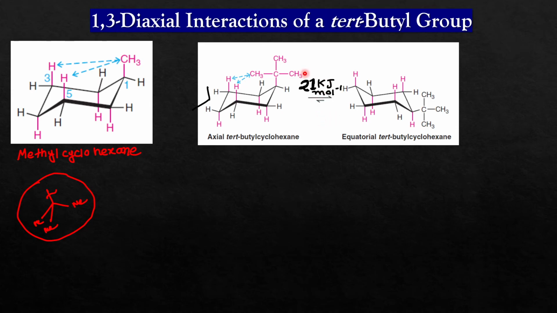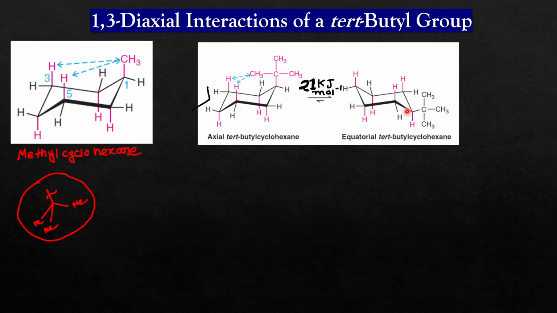Because this energy difference can be easily acquired when two molecules collide with each other at room temperature. While these molecules collide at room temperature, they get sufficient energy to overcome this barrier, so that axial tert butyl cyclohexane can easily flip to convert into the equatorial form.